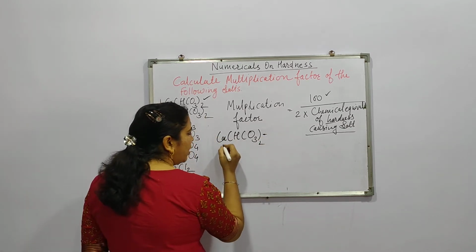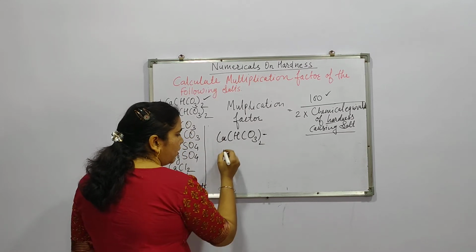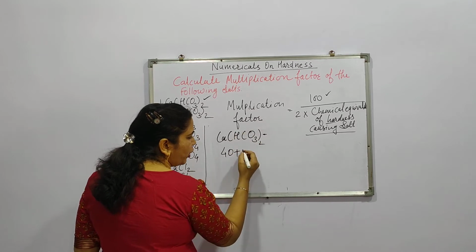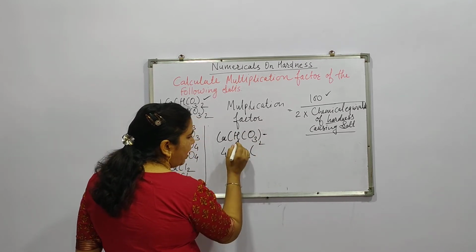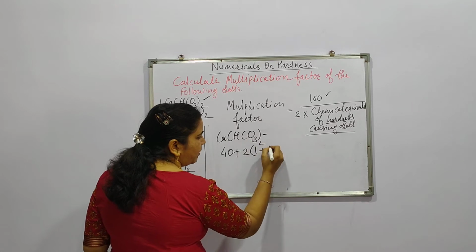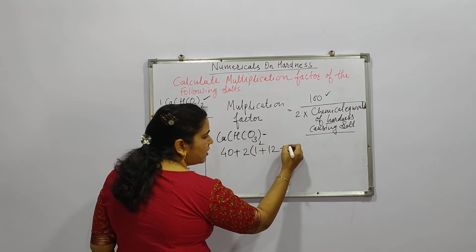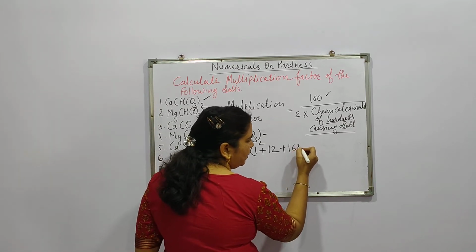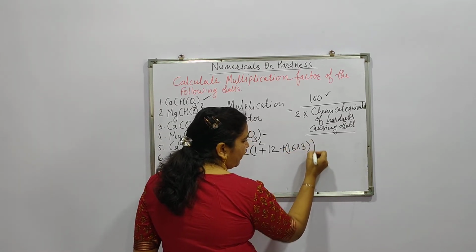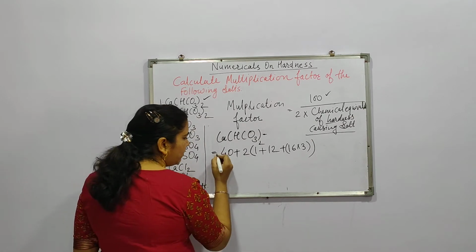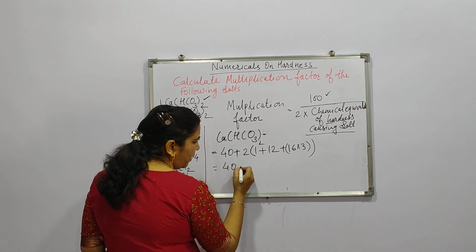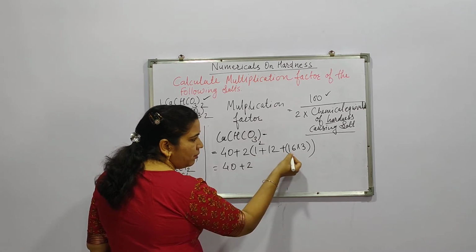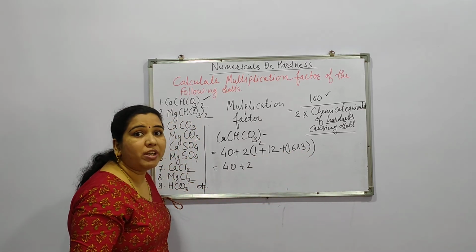So the atomic weight of calcium is 40, plus the bracket is taken twice, so twice in bracket: hydrogen 1 plus carbon 12 plus oxygen 16, but there are 3 atoms of oxygen, so 16 into 3, in a small bracket like this. So it is 40 plus 2 into 12 plus 1, that is 13, plus 16 into 3, that is 48.